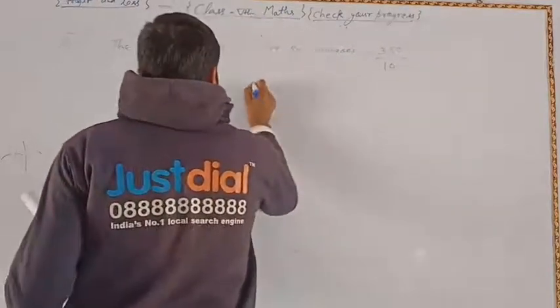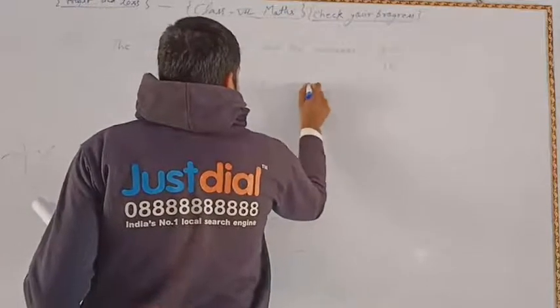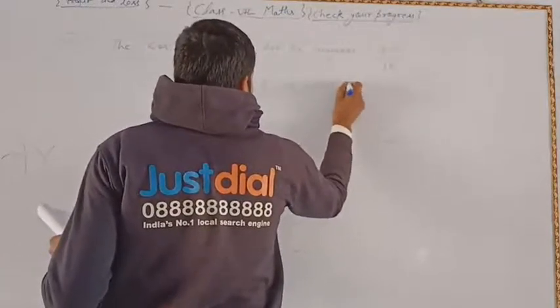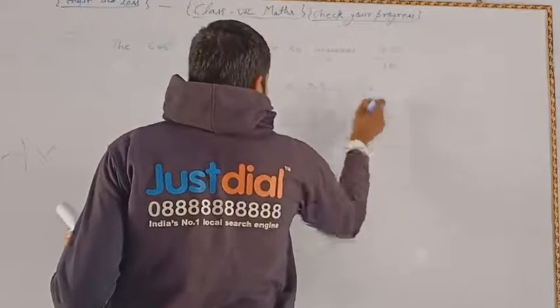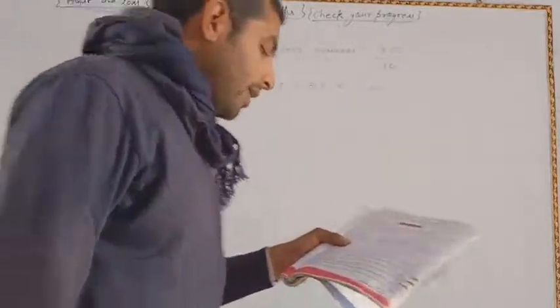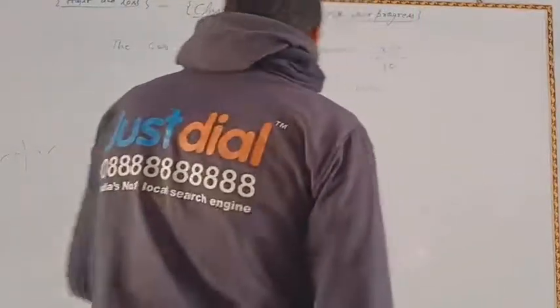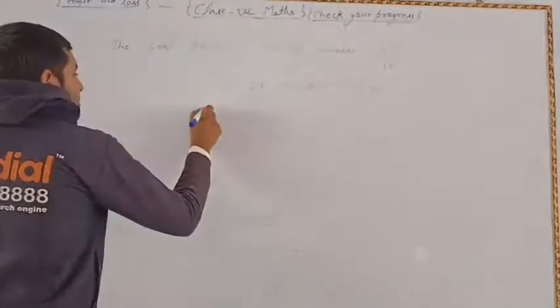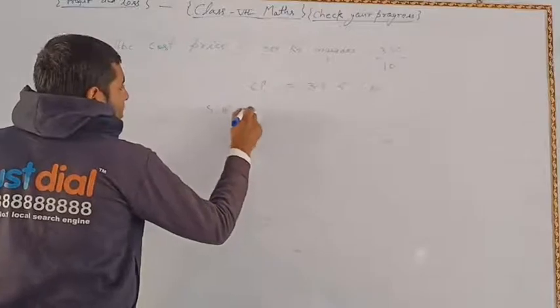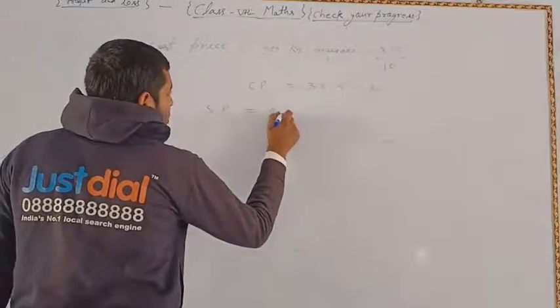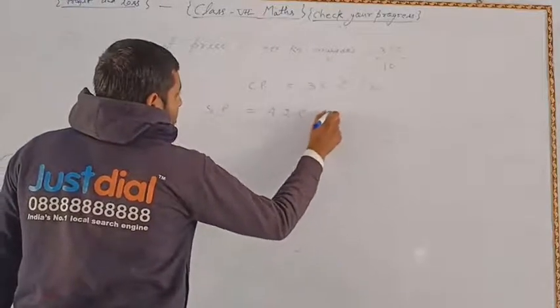Then we get CP is equal to 35 rupees per kg. And you have also been given that he sold them at rupees 42 per kilogram, so the selling price SP is equal to 42 rupees per kilogram.